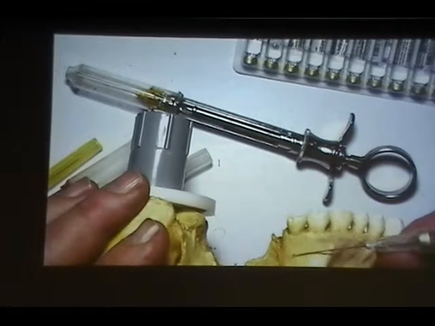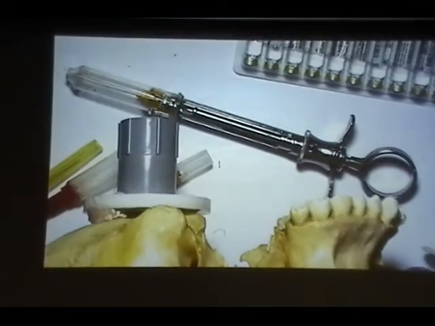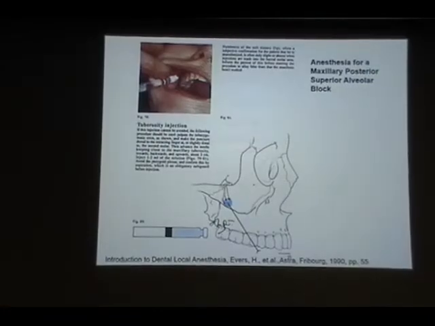Okay. So the bone is going to give us an idea of where that needle is. We're using the bone to slide that needle back onto the area we want to deposit the anesthetic.